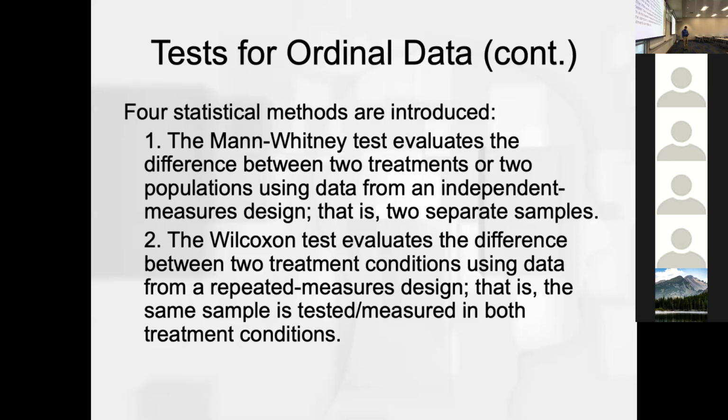Like an ANOVA? Well, you could, I guess, in theory, do an ANOVA, but this is a substitute because it has 2 treatments or 2 populations. It's a t-test. And what kind of t-test? Independent t-test? Yes, exactly.